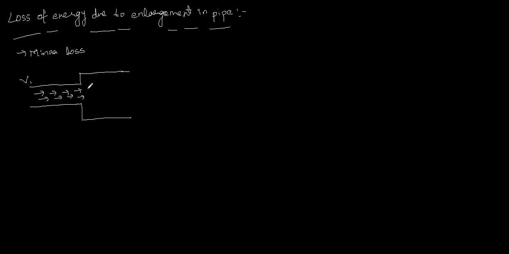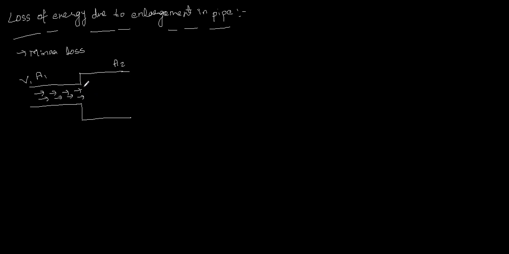the cross sectional area of the pipe, the water flow cannot adjust itself suddenly throughout this cross sectional area of the pipe. Because of that, and due to the velocity variation from the smaller cross sectional area, assume it as a1 smaller diameter and a2 larger diameter, velocity variation automatically takes place.